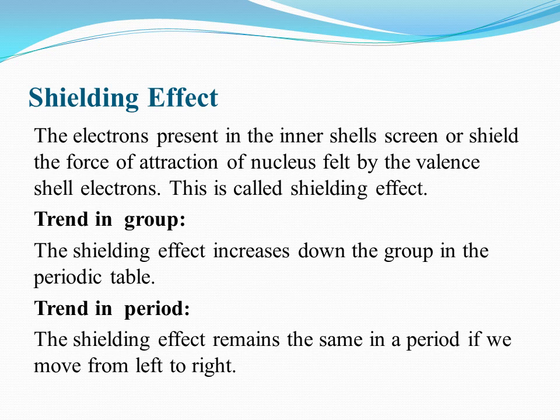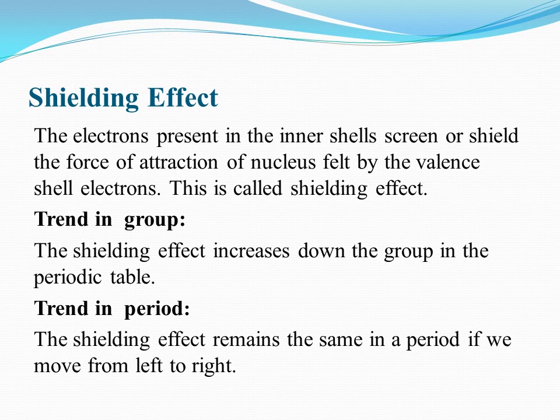Shielding effect. The electrons present between the nucleus and the outermost shell of an atom reduce the nuclear charge felt by the electrons present in the outermost shell. The attraction of outer electrons towards the nucleus is partially reduced because of the presence of inner electrons.